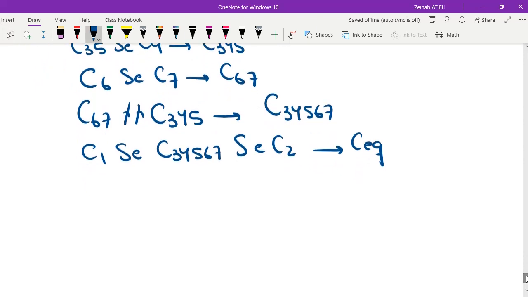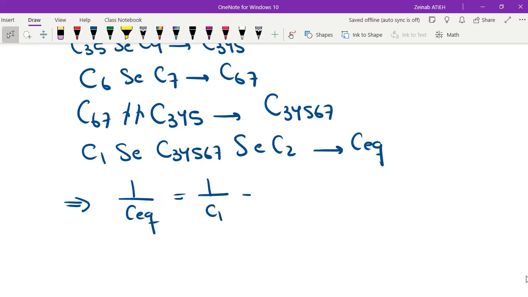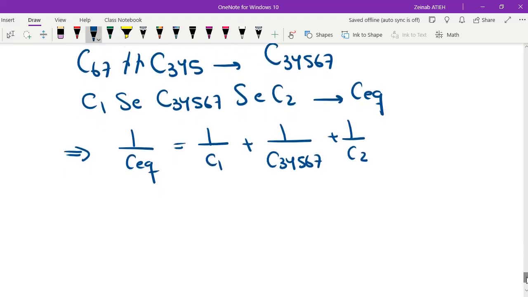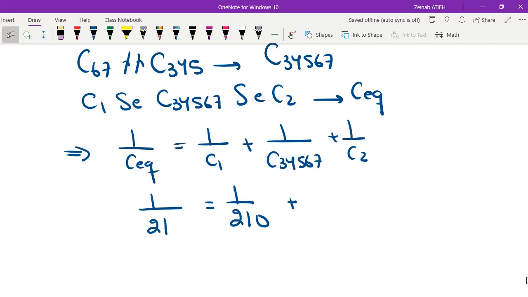I will start from here: C1 in series with C34567 in series with C2 gives us C equivalent. In series means 1 over C equivalent equals 1 over C1 plus 1 over C34567 plus 1 over C2, with everything known except C34567, since C3 is the one I don't have. So 1 over 21 equals 1 over C1, which is 210, plus 1 over C34567 plus 1 over 70.